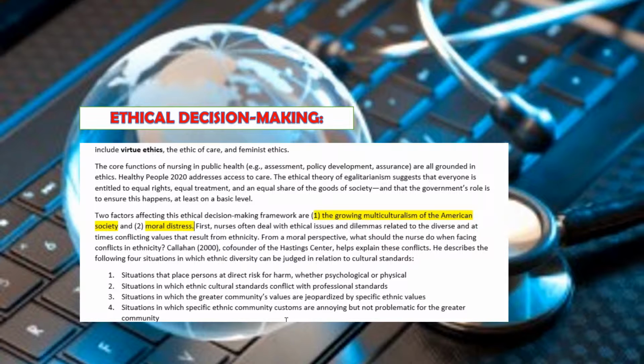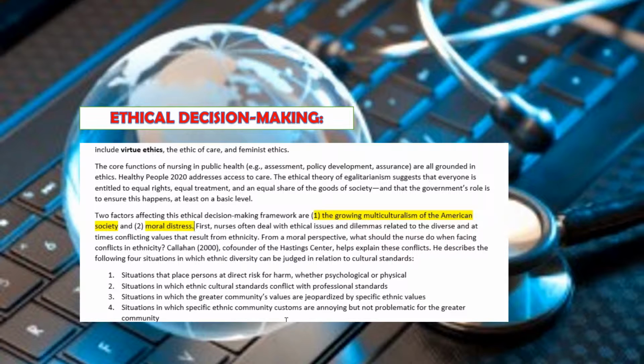First, nurses often deal with ethical issues and dilemmas related to the diverse and at times conflicting values that result from ethnicity. But from a moral perspective, what should the nurse do when facing conflicts in ethnicity? Well, Callahan, co-founder of the Hastings Center, explained these conflicts.